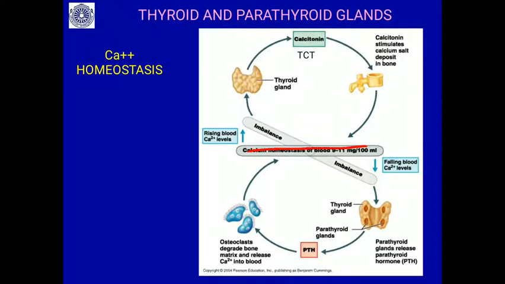When there is a rise in the calcium level, the thyroid immediately secretes TCT, or calcitonin. It makes the bone absorb more calcium and induces the kidney to excrete more calcium. So it is called calcification.